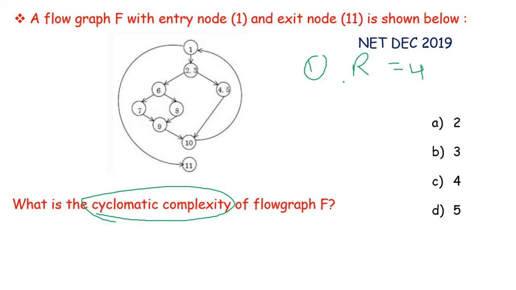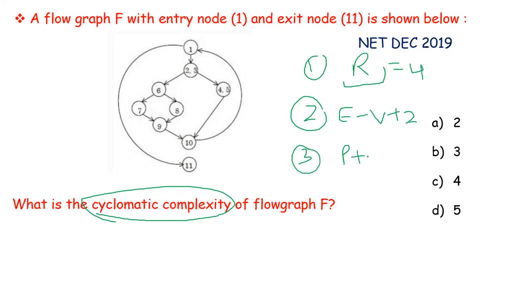We have computed number of regions using closed area and open area. Second method is using the formula E minus V plus 2. We have already done it. Again we will get 4 as our final answer. And third is using number of predicate nodes.